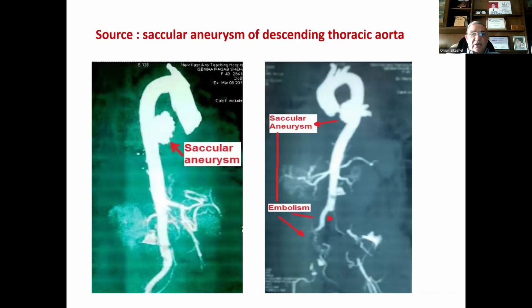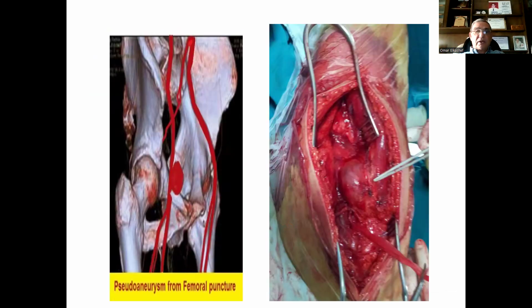And this is a saccular aneurysm of the descending thoracic aorta, leading to occlusion of the right iliac, common femoral and left common iliac artery, external iliac artery. So the source of embolism here is a saccular aneurysm of the descending thoracic aorta.